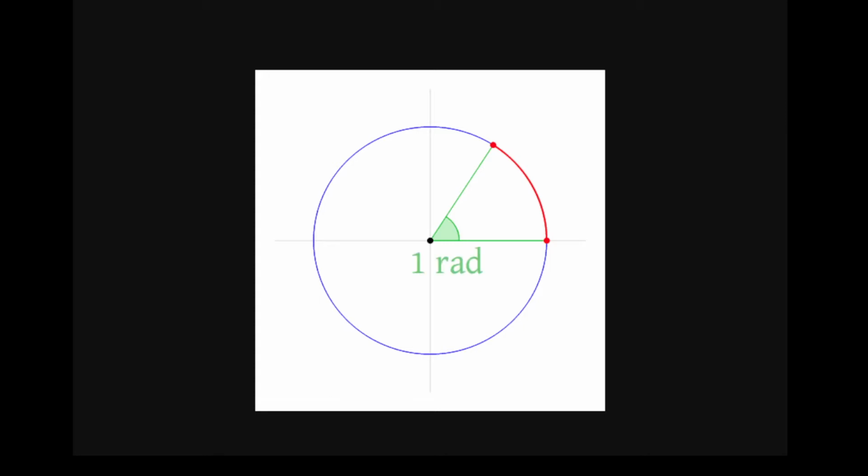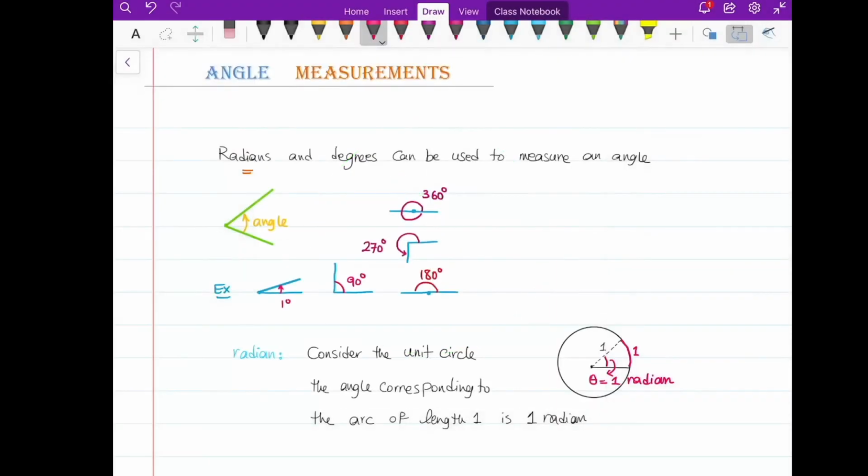The angle corresponding to that is 1 radian. Then we're going to have 3 radians, and then all of them together would be pi radians, which is 3.14. And then I have pi radians on top, pi radians on the bottom, so together it would be 2 pi radians.